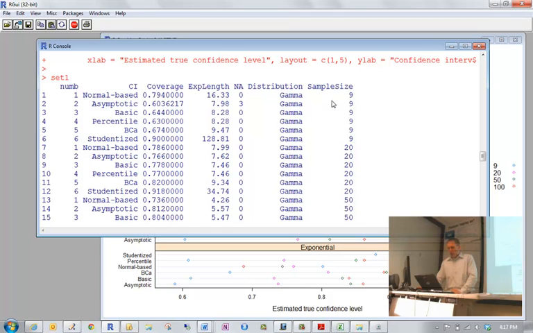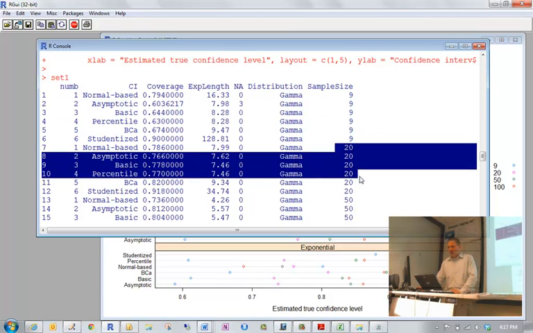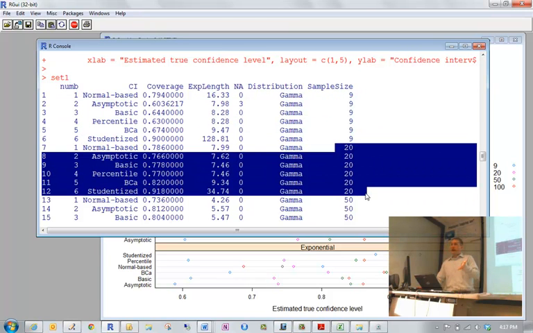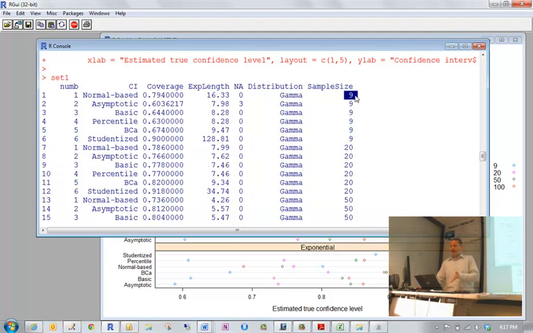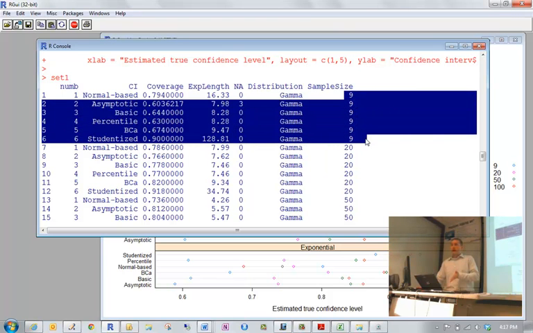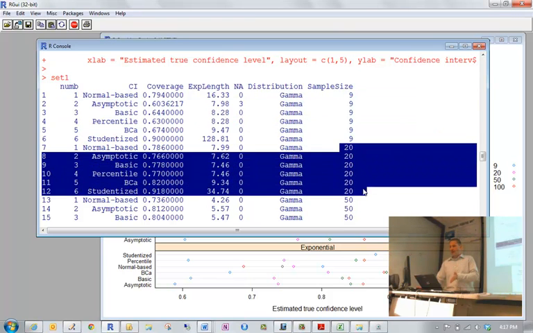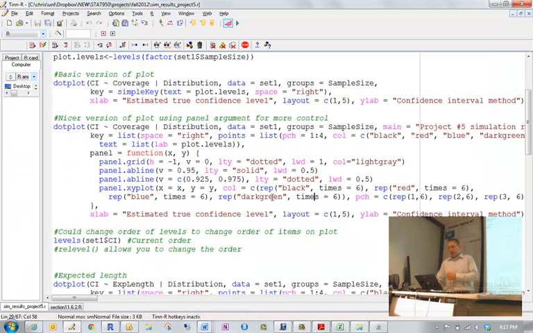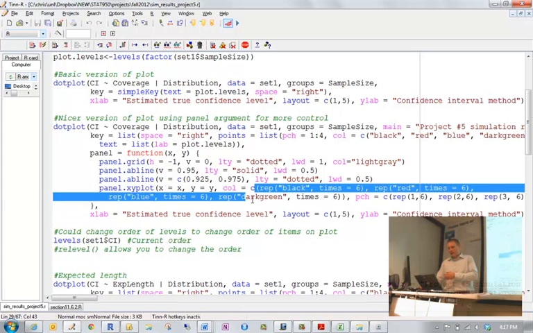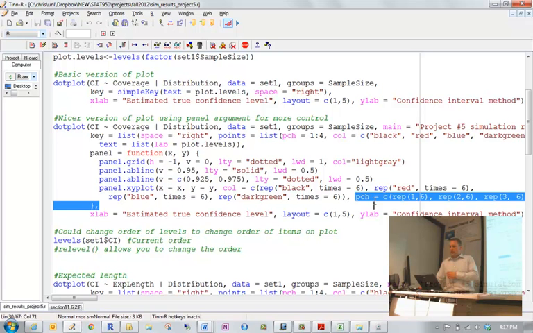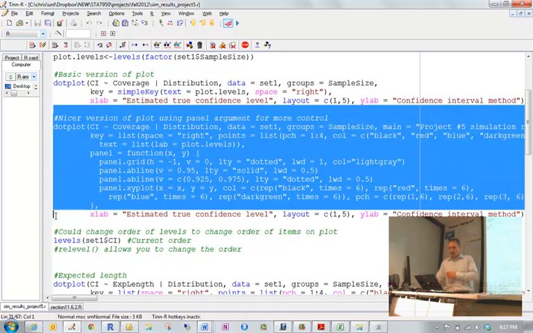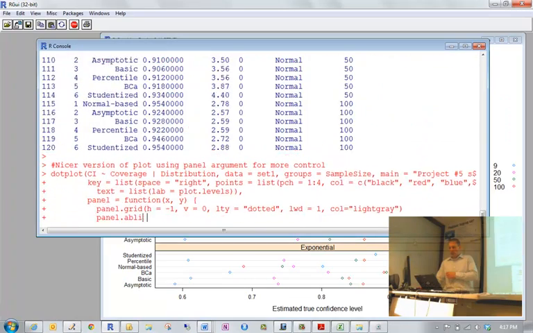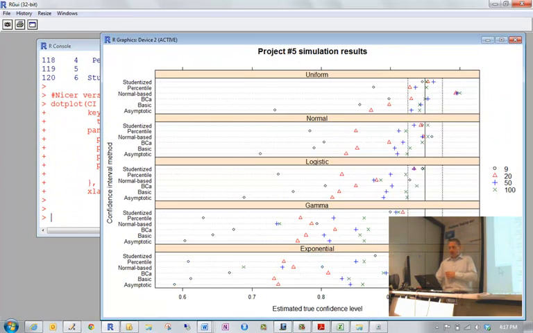Notice how the first 6 is one sample size, the next 6 is another sample size, and so on. So what I'm going to do is simply create a vector that has, let's say, green for the first 6 elements, red for the next 6 elements, and so on. And actually, I use a slightly different ordering of the colors, but you get the idea. I also do a very similar thing with the plotting character, and everything else is the same as before, so that we'll get this nice plot here.